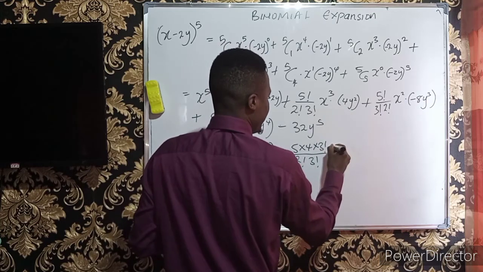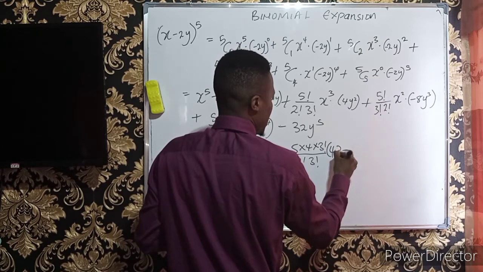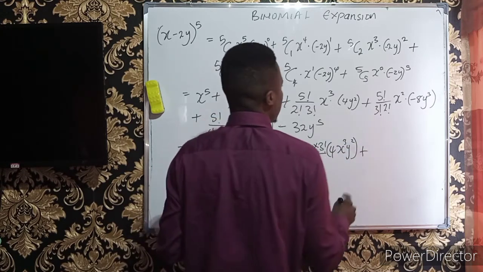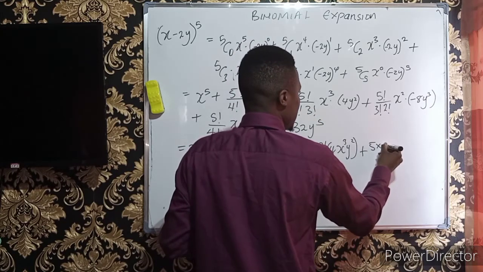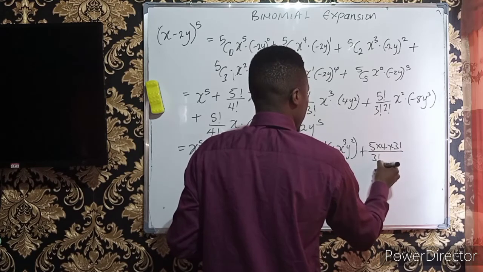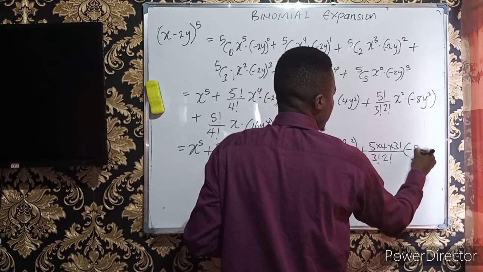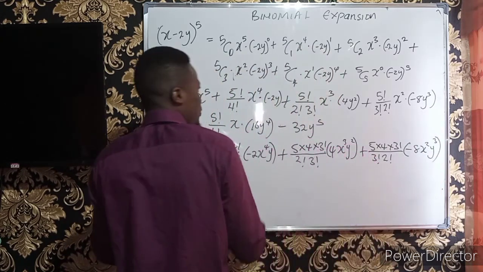Then this multiplies, I will have 4x cubed y squared, plus the same thing that happens here will happen here. So we have 5 times 4 times 3 factorial over 3 factorial, 2 factorial. If I take this multiplication, I have −8x squared y cubed.